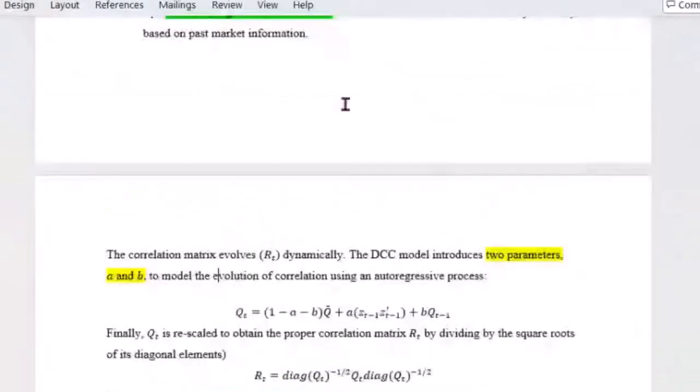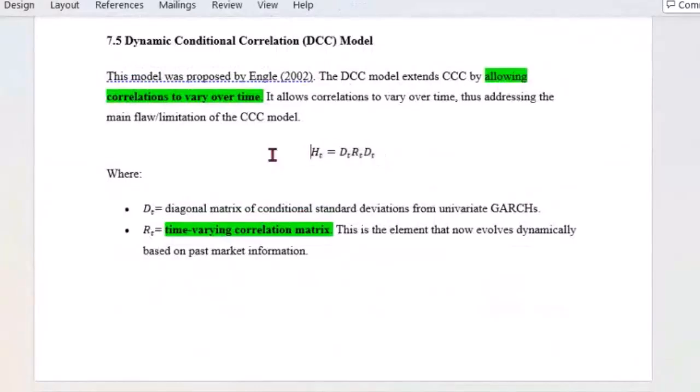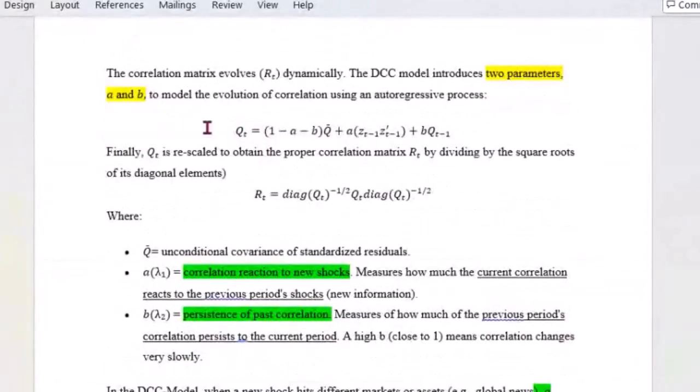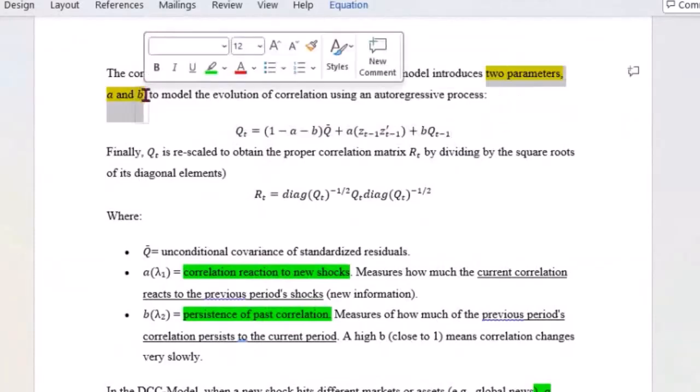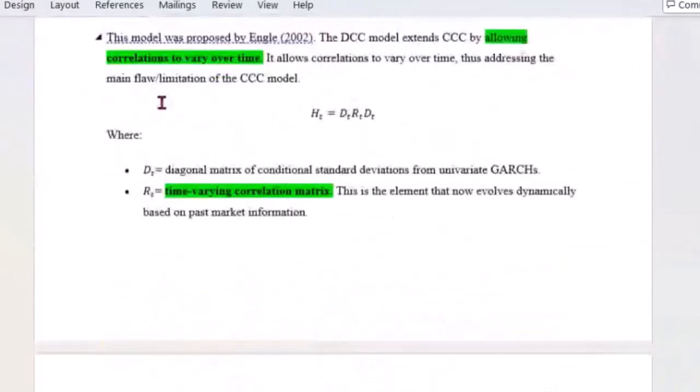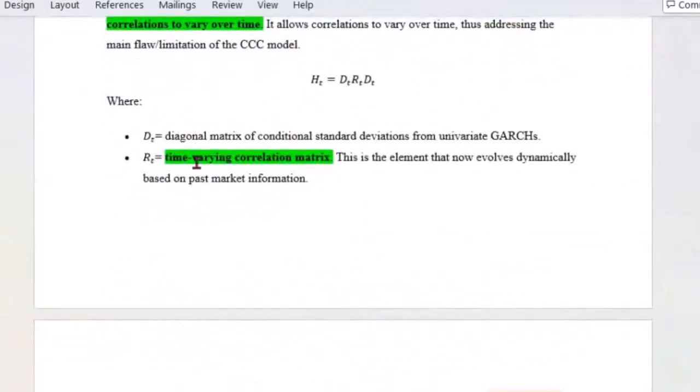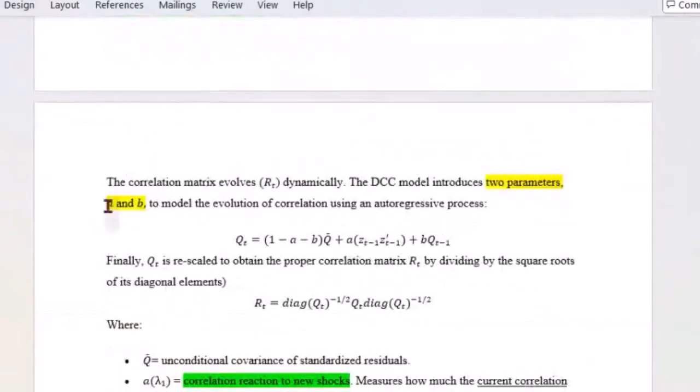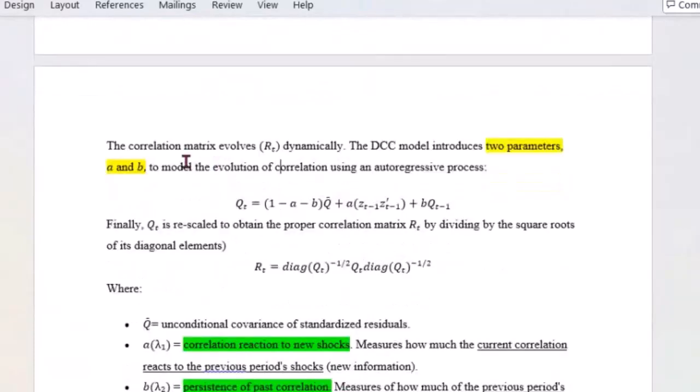So this model here is expanded to this, so that now we can see the two parameters that have been introduced. By saying that this correlation matrix R_t is time varying, we introduce two parameters A and B, or what we call lambda 1 and lambda 2. To see these two parameters, we have this equation here.